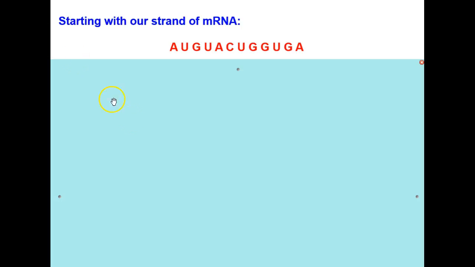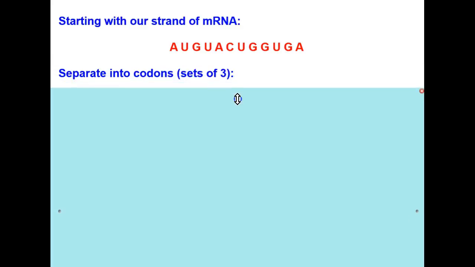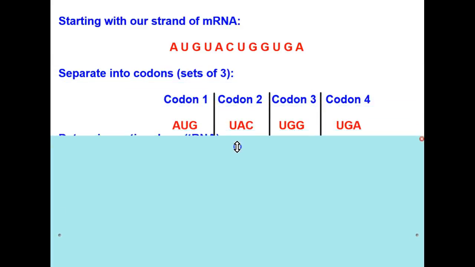Okay, next page here. So we're starting with our strand of mRNA, which again is AUG, UAC, UGG, and UGA. And what we do is we separate it into those sets of 3, and those sets of 3 are called codons. So the codons for our mRNA strand would be AUG, our second codon would be UAC, our third codon would be UGG, and our fourth codon would be UGA.